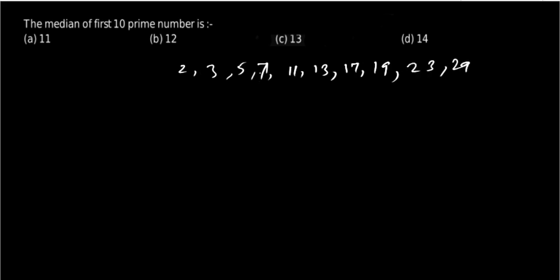So, 1, 2, 3, 4, 5, 6, 7, 8, 9, 10. So, the middle numbers are 11 and 13. So, the median will be 11 plus 13 divided by 2. It will become 24 by 2, that is 12. So, the median of first 10 prime numbers will be 12.